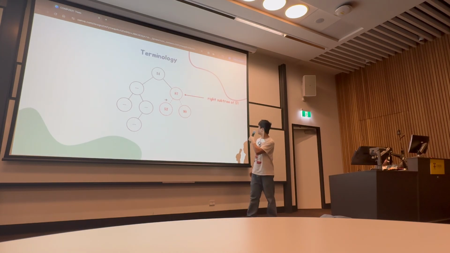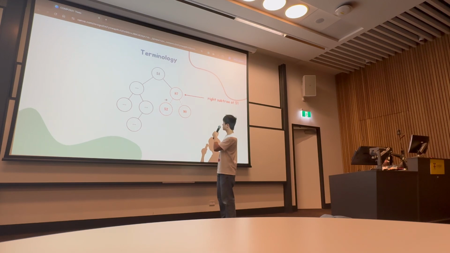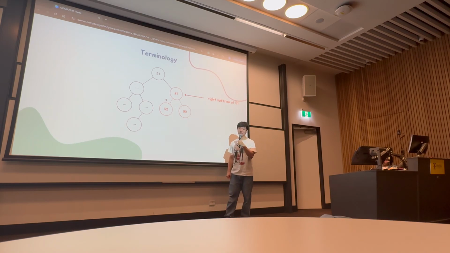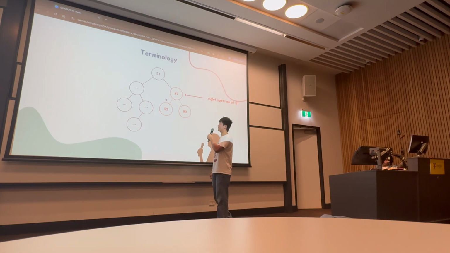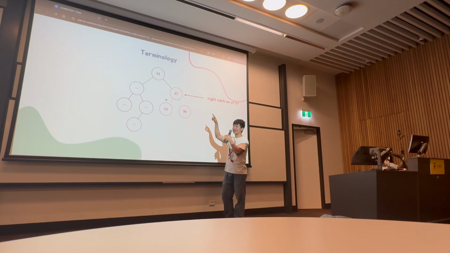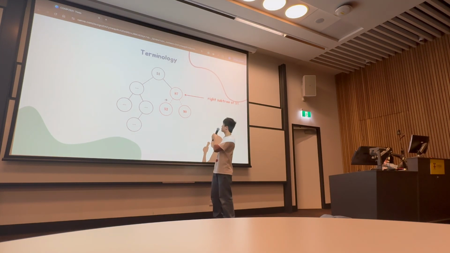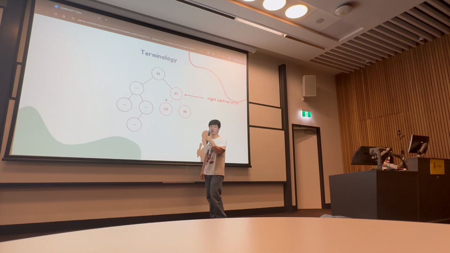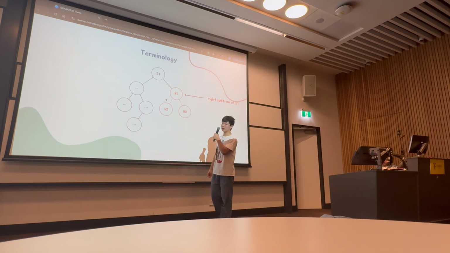Now, we also have subtrees. Subtrees are just a graph whose vertices and edges form a subset of the given tree. So if we view the given tree as a set, then a subtree is basically just a subset of the given tree. It's just a collection of subnodes.